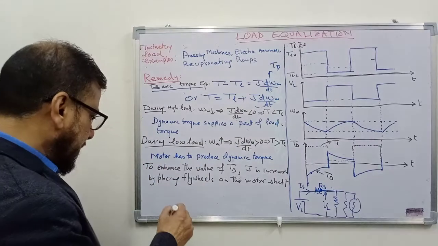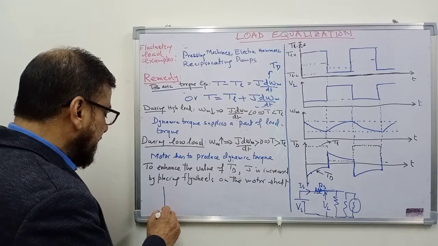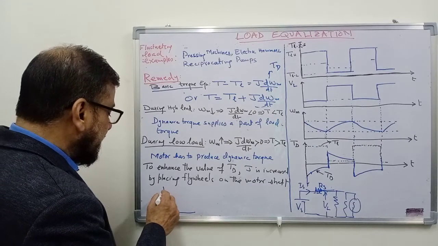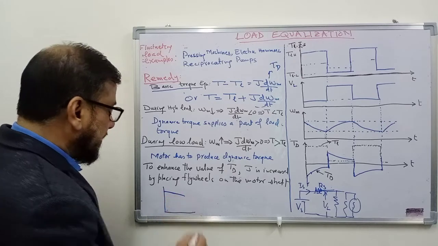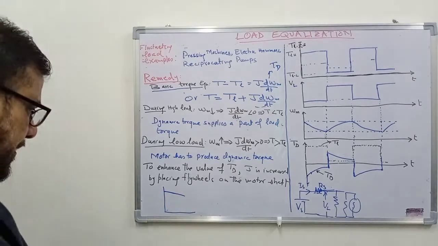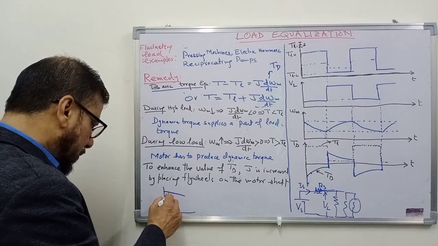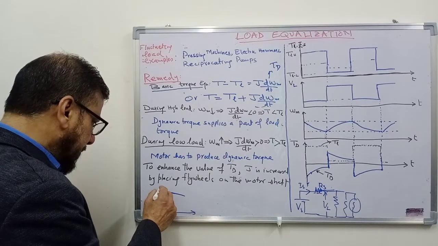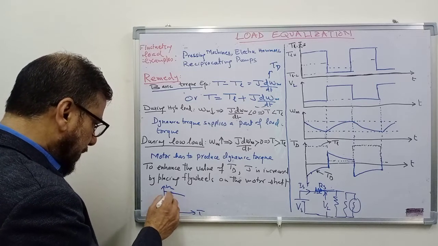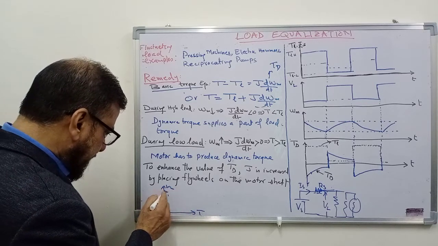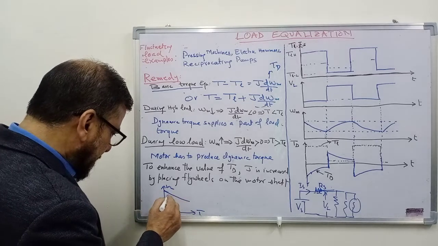For example, if you are using a DC motor, then it has a characteristic like this. DC motor or induction motor, in both cases, the characteristic is drooping in nature. That is, this is speed, this is torque. So let us take a highly drooping characteristic like this.